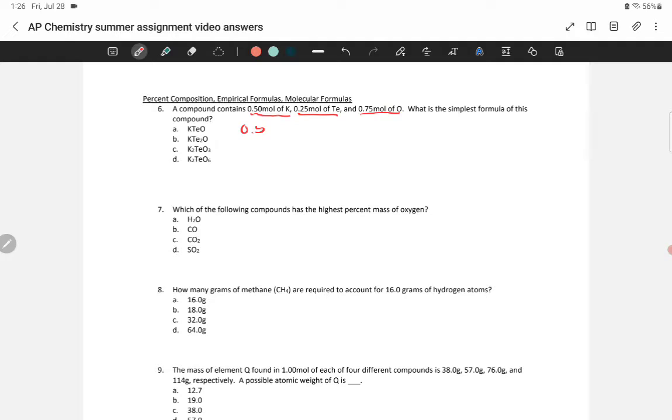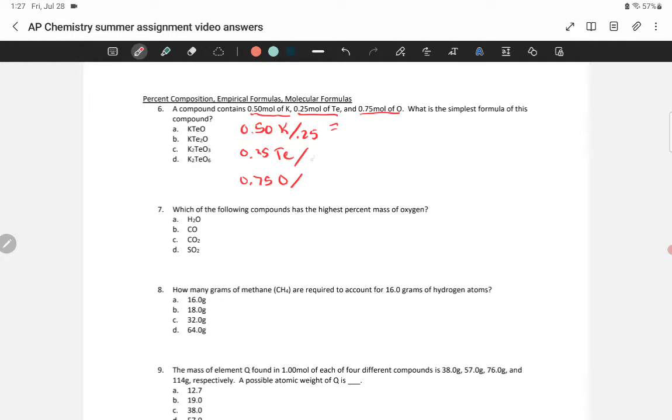So 0.50 moles of K, and we have 0.25 moles of, whoops, that looks like iron. I don't want that to be iron. And then 0.75 moles, and it looks like our smallest amount is 0.25.